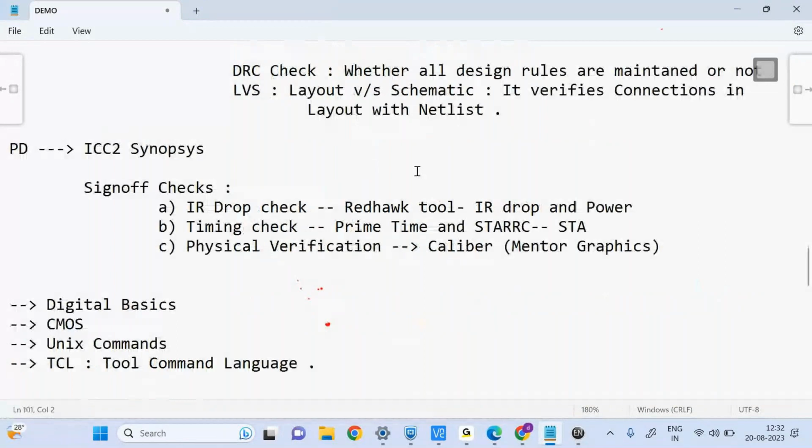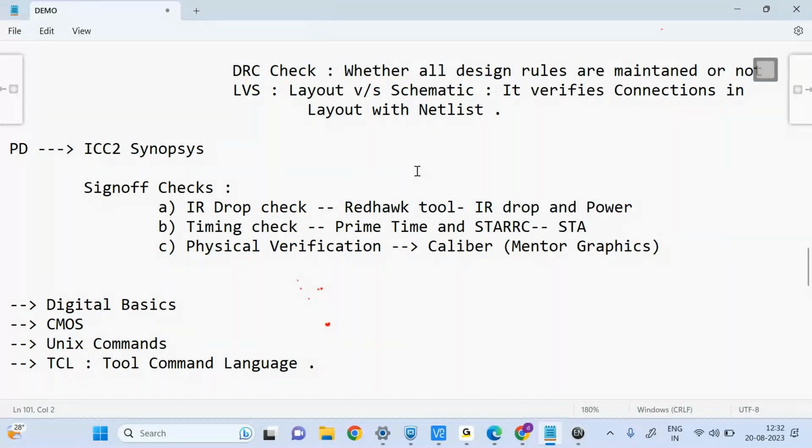This script will fix all 1000 violations. If you just source the script file, that is sufficient. That will fix all the violations. So TCL will help you do automation, fixing all the violations at a time instead of one by one. For that reason, we use TCL, tool command language.